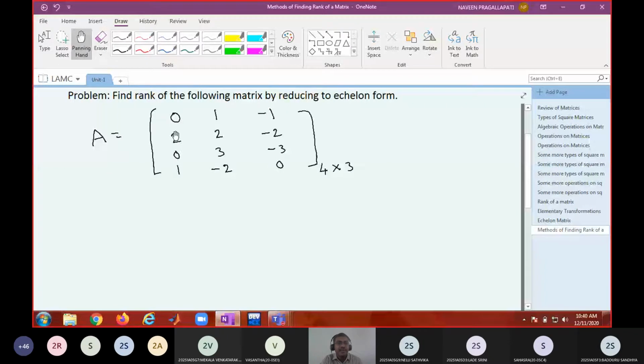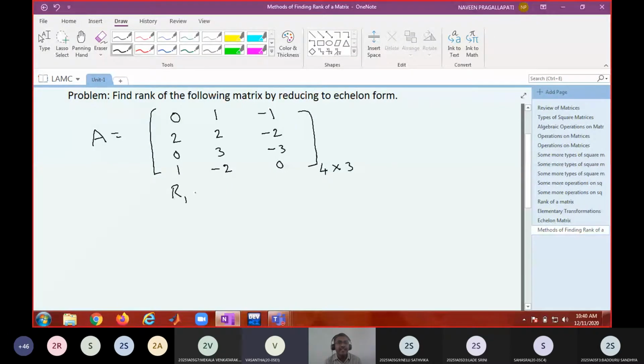So in this case, shall I interchange first row with fourth row? Yes. So I will be interchanging first row with fourth row. Sir, if we change the first row with the second row, in the second row we need 1, 0? No, because it should start in the diagonal.